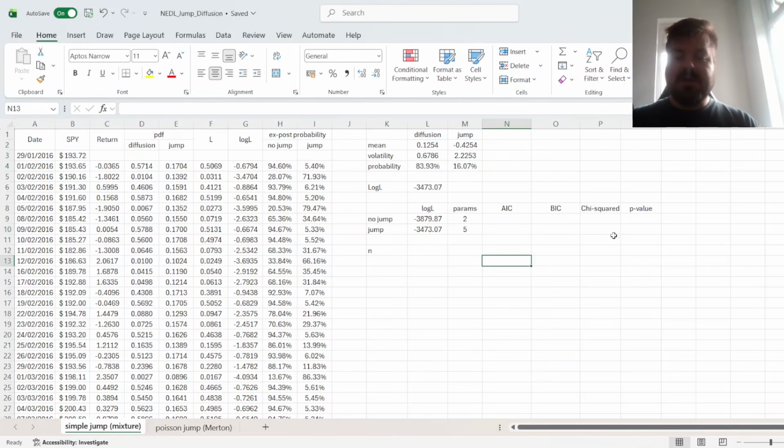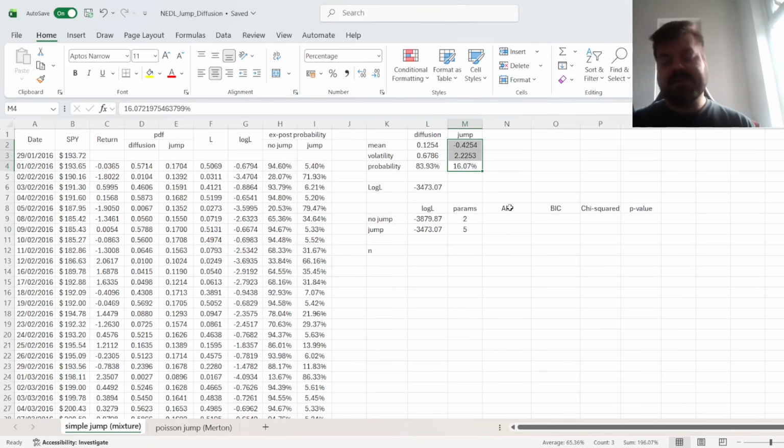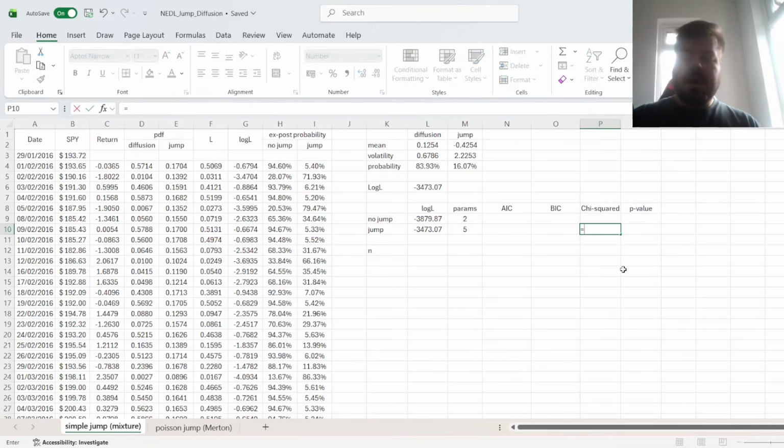So it's 5 parameters, and we can evaluate this using either information criteria or a likelihood ratio test, simply because we have a baseline model and a more complex model with 3 additional parameters. We can use a likelihood ratio test. The chi-squared statistic for it will be 2 times the improvement in log likelihood.